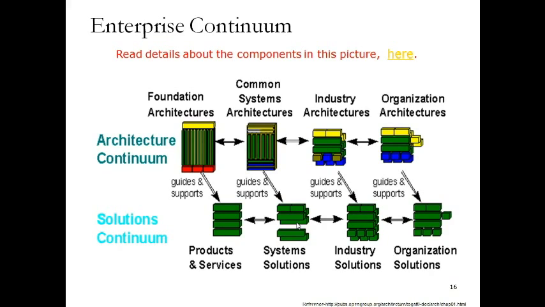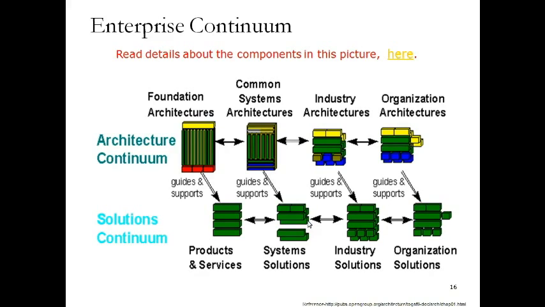Now, these are building blocks. An architectural building block is described with a general level of detail. This is architectural building blocks, and these are solution building blocks. A solution building block reflects a real product or a specific custom development.